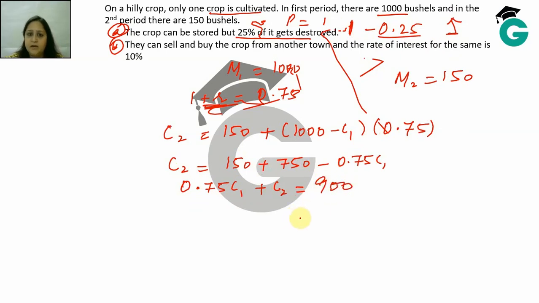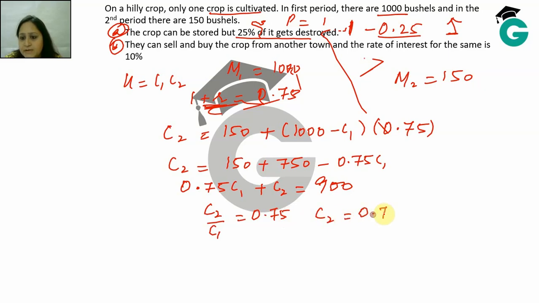हमारी ये वाली budget equation बनेगी. ठीक है? We will have the budget equation to be like this. Now I need the utility function for me to go further. The utility function is given to us as, यहाँ पे नहीं लिखा हुआ, but आपके assignments में लिखा हुआ है, C1 C2. Now we know C2 by C1 is equal to 0.75. C2 is equal to 0.75 C1, right?